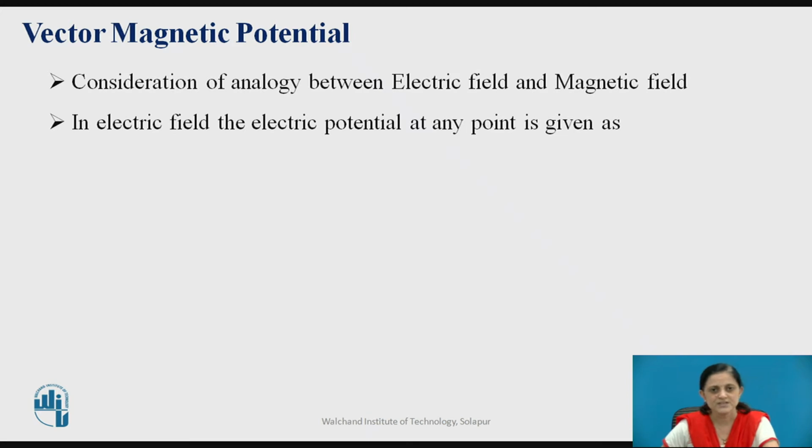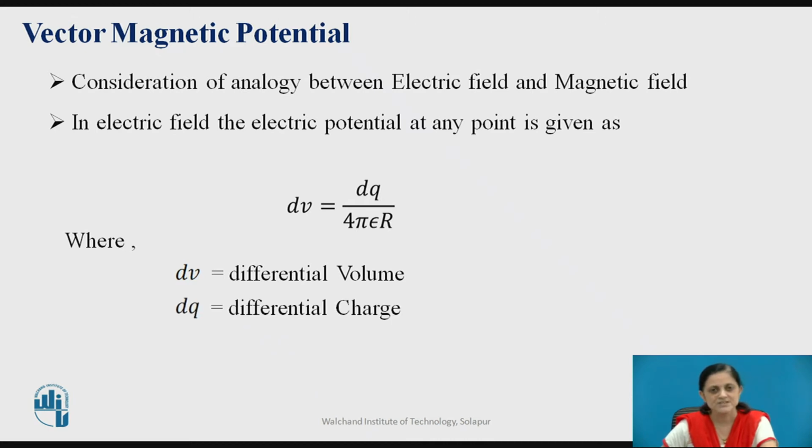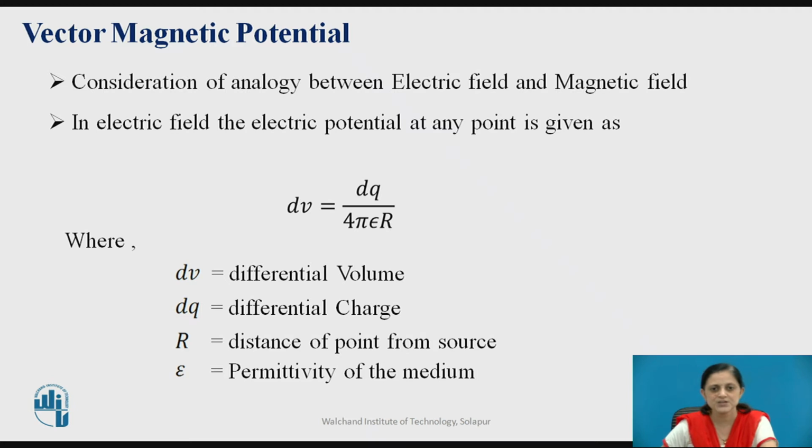In electric field, the electric potential at any point is given as dV is equal to dQ upon 4 pi epsilon r, where dV is the differential potential, dQ is the differential charge, r is the distance of the reference point from the source, and epsilon is the permittivity of the medium which is given by epsilon naught epsilon r, where epsilon naught is the permittivity of the free space and epsilon r is the relative permittivity.